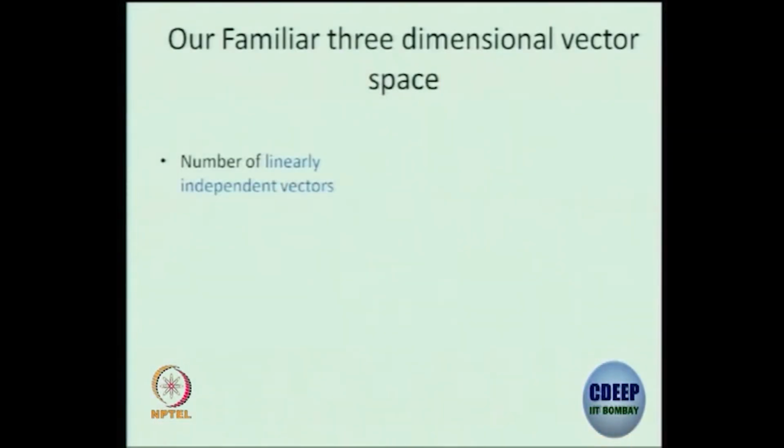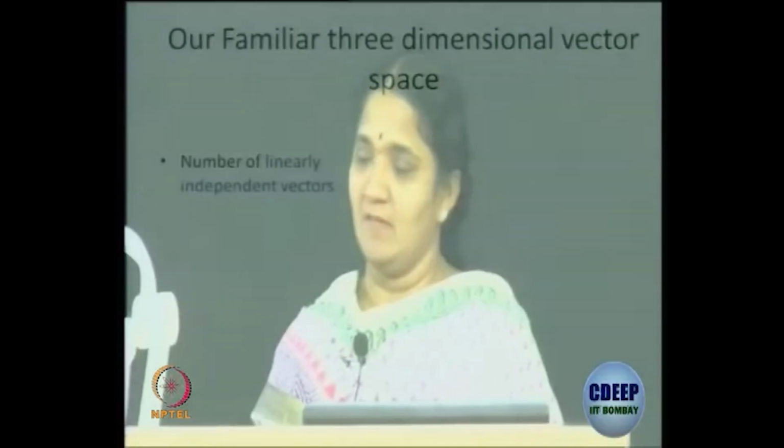Okay, so just to put it in the form of a flow chart or a set of points. You can look at, at least in 3-dimensional space, in this physical space, how many linearly independent vectors you will have, right? I have said here a 3-dimensional vector space, which is what we mechanically talk of as x-axis, y-axis and z-axis. Many times you won't even know what the dimension is. You have to figure it out in general.